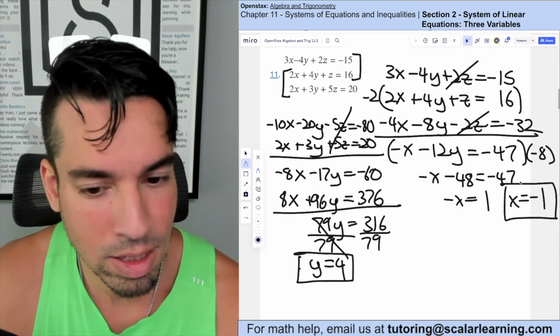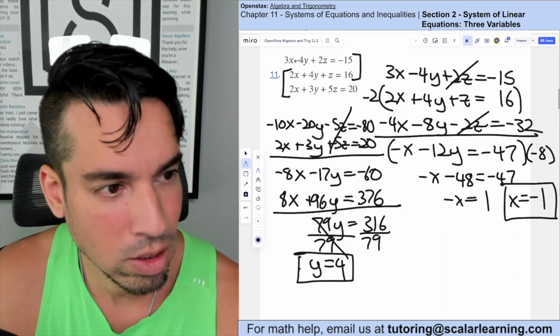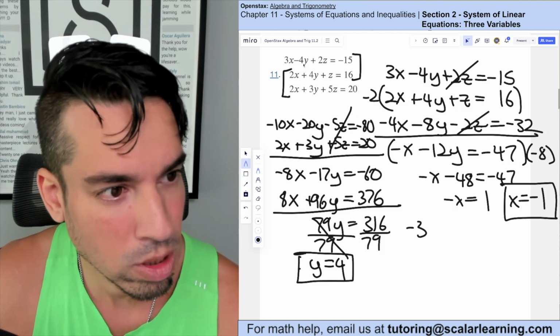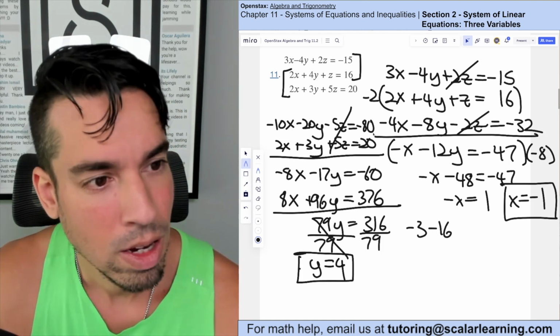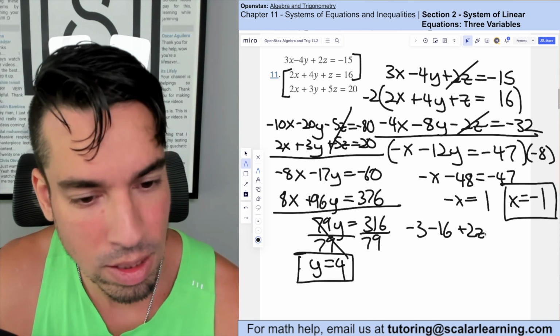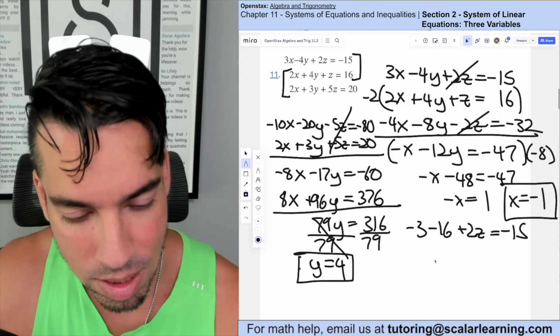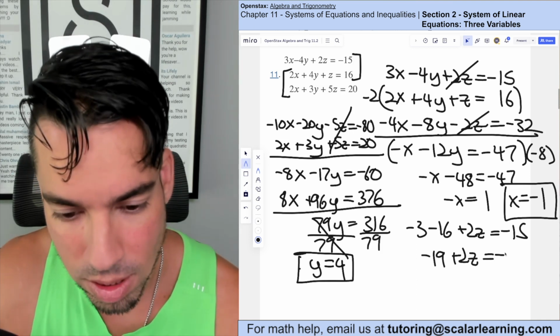So now we have to get z. So I'm going to plug these into any of these three equations. Let's plug it into the top one just for fun. So we got 3 times negative 1 is negative 3. 4 times negative 4 times 4, is negative 16. And then 2 times z, we don't know what that is. And this equals negative 15. Negative 3 plus negative 16 is negative 19 plus 2z equals negative 15.